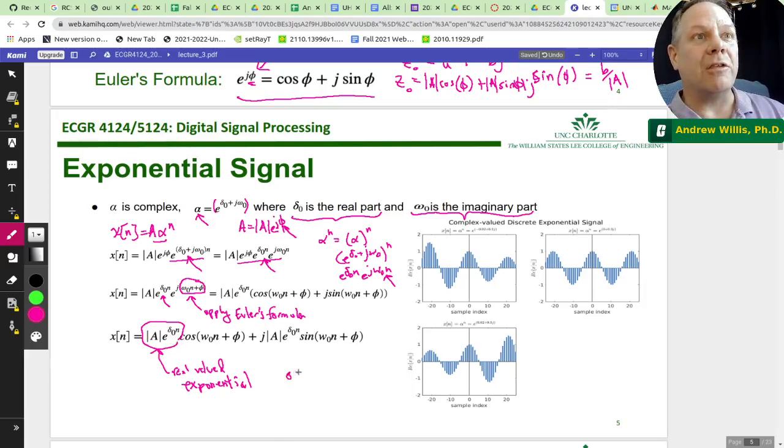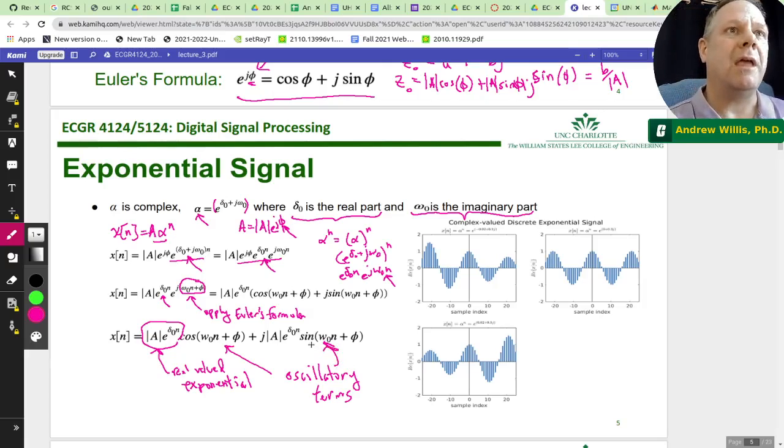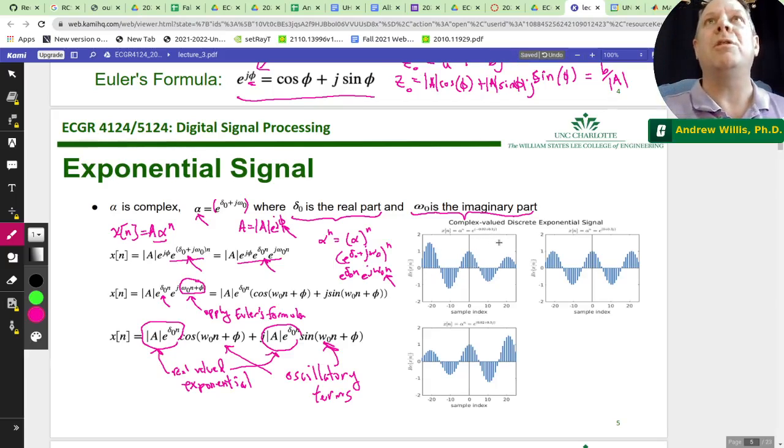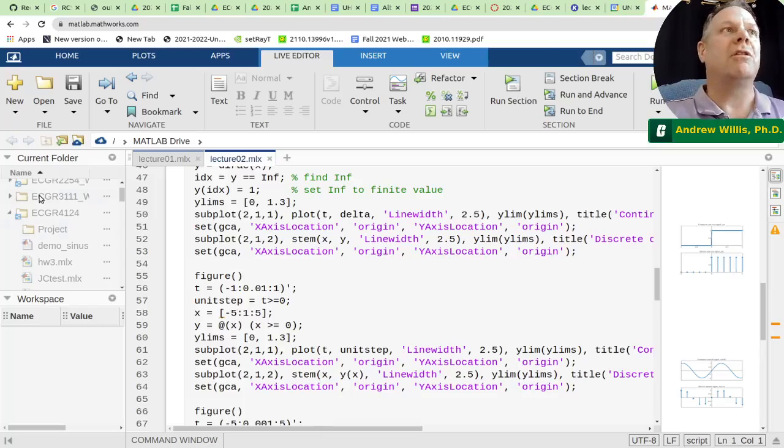Then we have additional oscillatory terms, one for the real component, which is this term, and one for the imaginary component, which is this term. Each one of them has this real valued exponential multiplying into it, so you get different kinds of oscillatory behavior. Here are several examples of what that looks like.